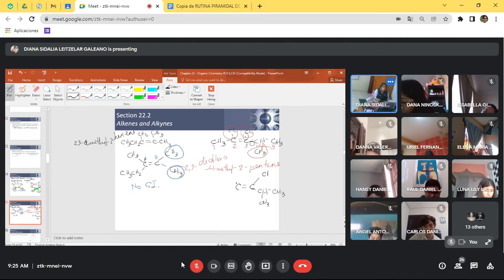Solo tiene que ver los bonds que deben de haber, 2 bonds y lo que es connected directly to them. Remember I told you that at the end of each of the carbon, pueden tener 1 millón de carbons, solo los tienen que copiar.